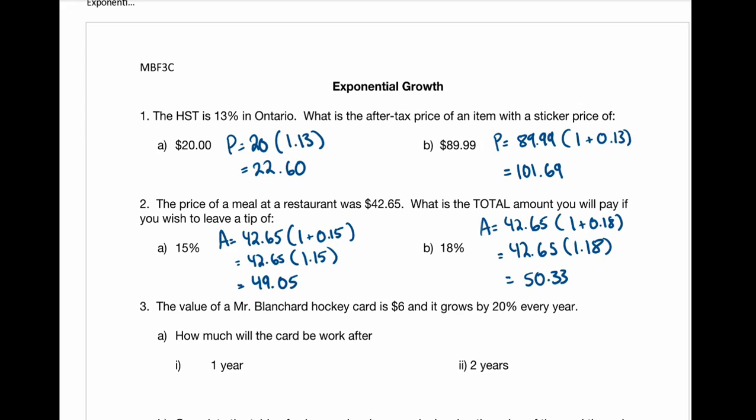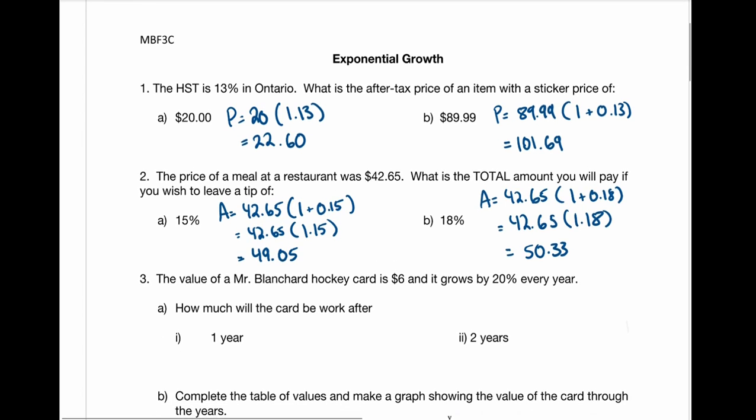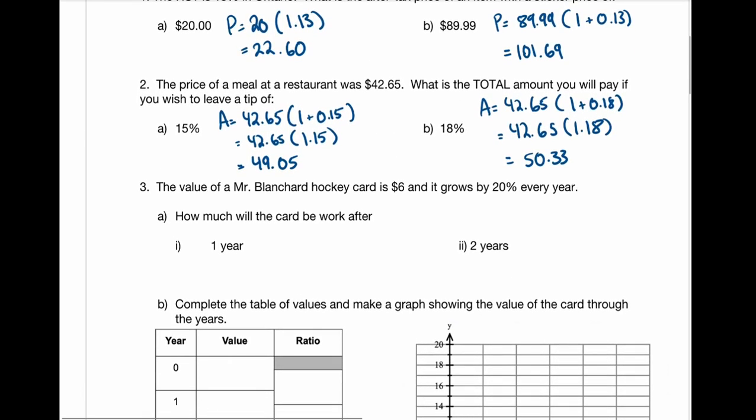For number 3, the value of a Mr. Blanchard hockey card is $6 and it grows 20% every year. How much will the card be worth after 1 year? So we know that it's going to be worth still that $6, plus 20%.